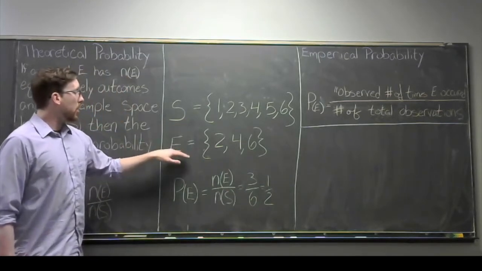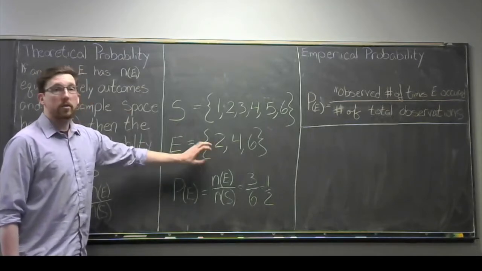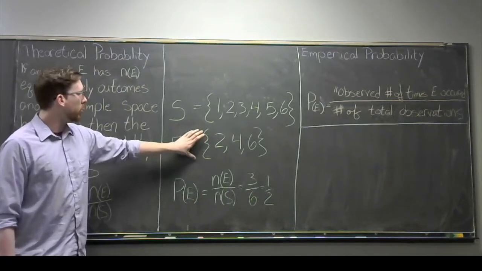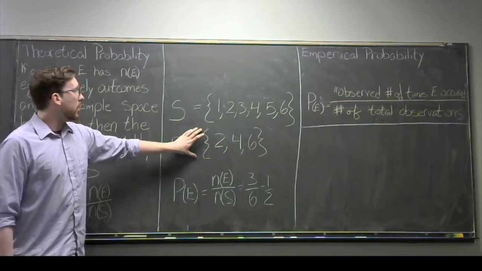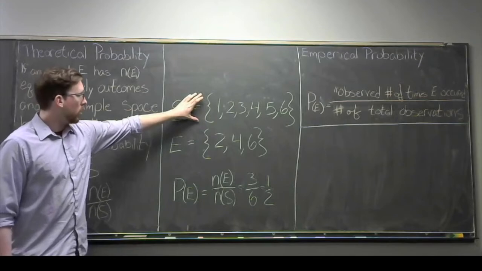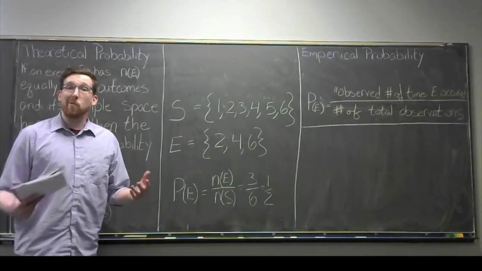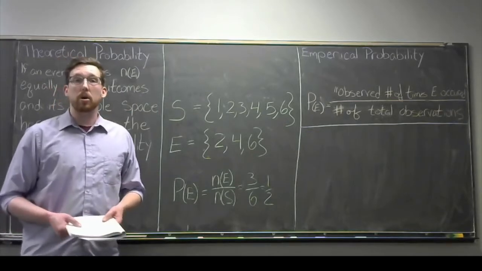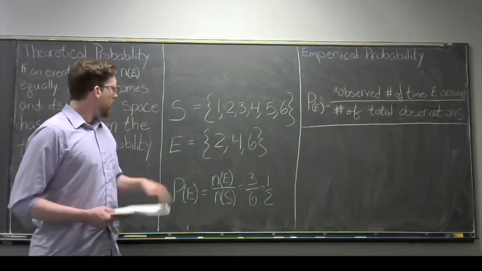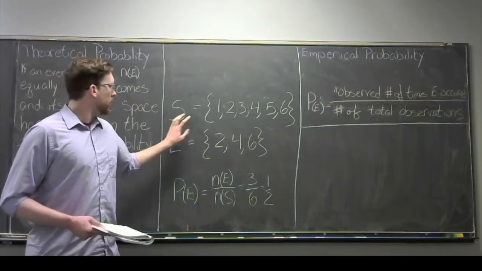And the probability of rolling an even number is going to be the number of values inside of our outcome, or our event E, divided by the number of values in our sample space. So 3 divided by 6, or 1/2. We have a probability of 1/2 of rolling an even number on a die. All right, so this is theoretical probability of rolling an even number on a die.